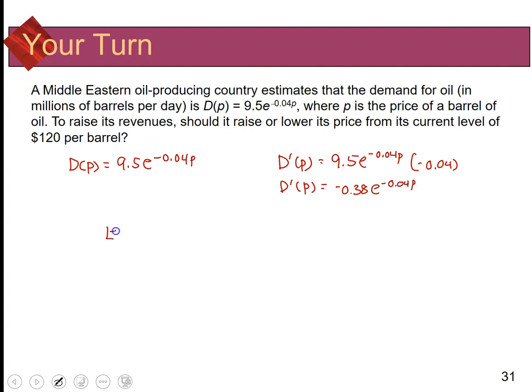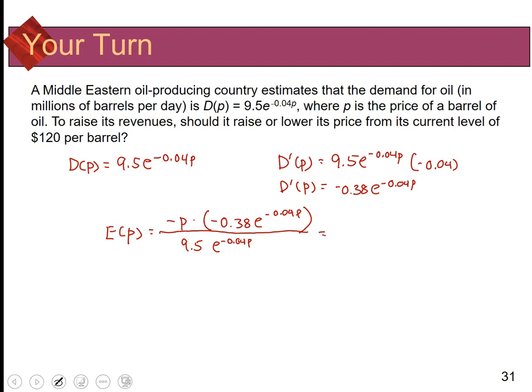So when I calculate E of P, that's going to be negative P times negative 0.38 E to the negative 0.04 P over 9.5 E to the negative 0.04 P.